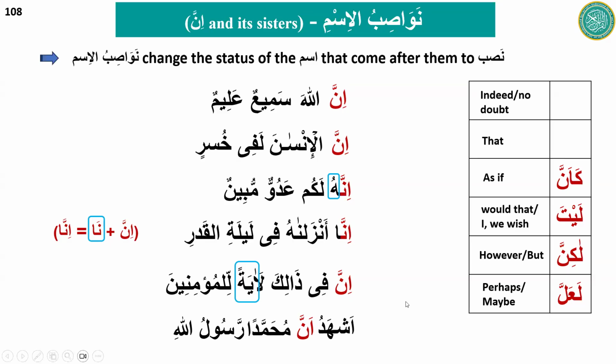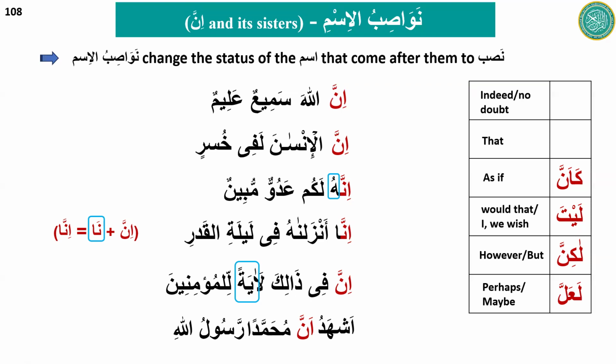So this is all it is, brothers and sisters. Nawasibul Ism, Inna and its sisters, a total of 6 words. Whenever they come in the Quran, there will be an ism that will be in nasab status. It will be after this word.